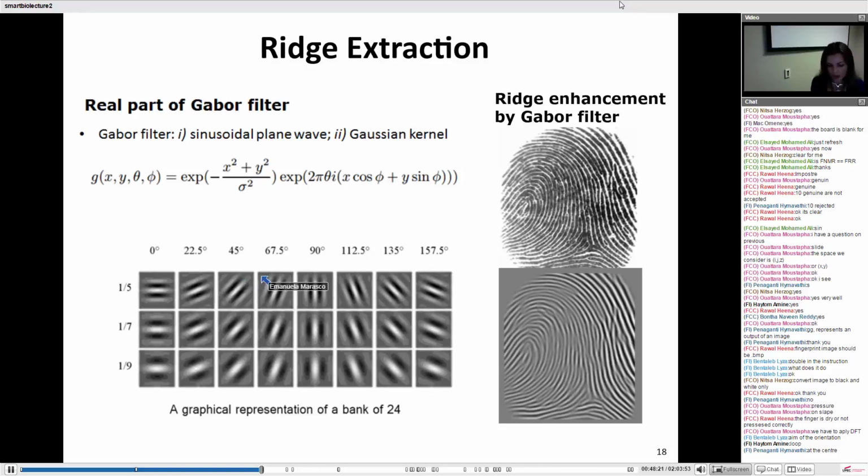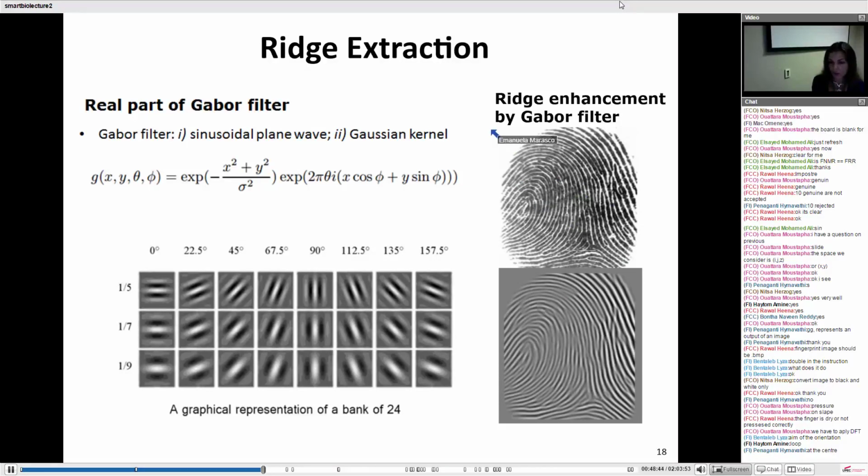So for example, if we have an image, we may have horizontal orientation, 22.5 or 45 degrees, and so on, 90 degree vertical ridges, and so on. So we consider the typical orientation that can be assumed by the ridge in the fingerprint image.